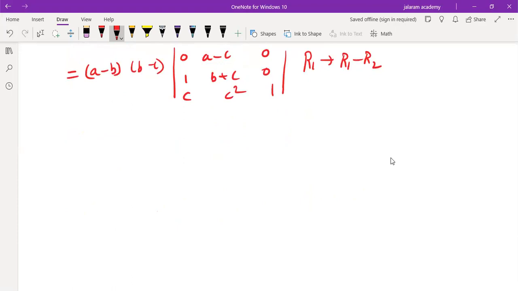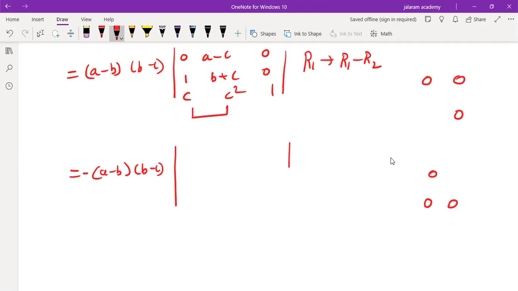Now first we have to bring 3 zeros like this or like this. So what should we do? We will interchange column 1 and column 2. So we have to multiply by minus 1. On interchanging the columns, we should multiply the determinant by minus 1.